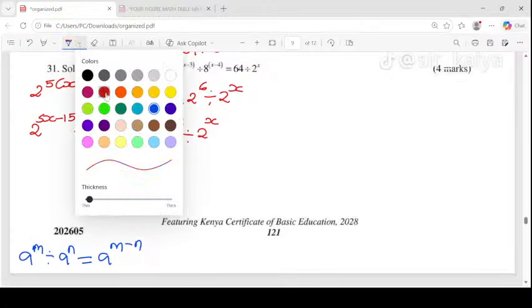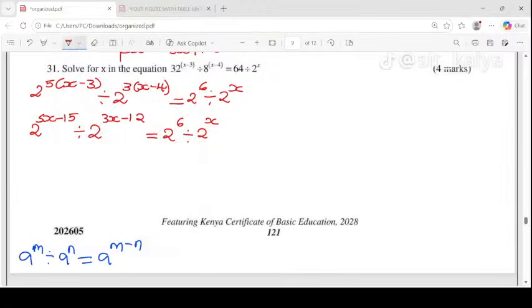We are going to apply that law on the left hand side, whereby we subtract the powers. So I'll have 2 power 5x minus 15, the whole of this, then you subtract 3x minus 12.